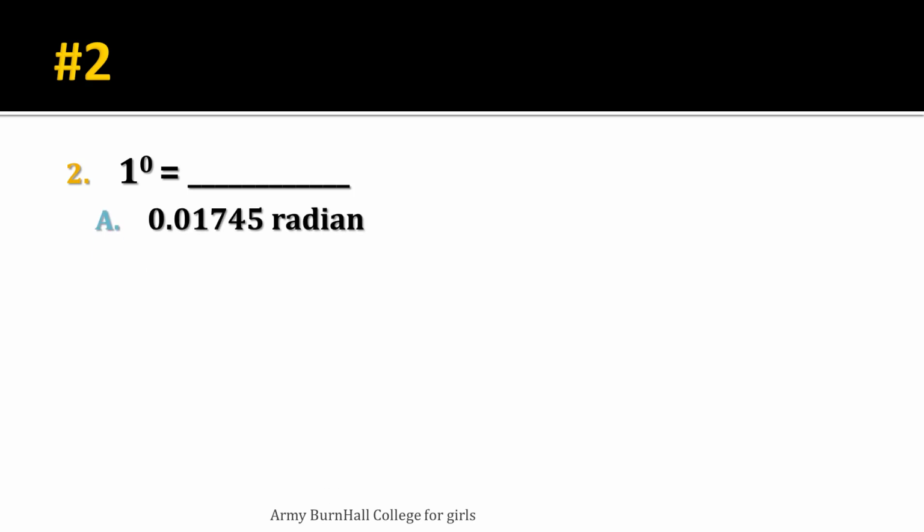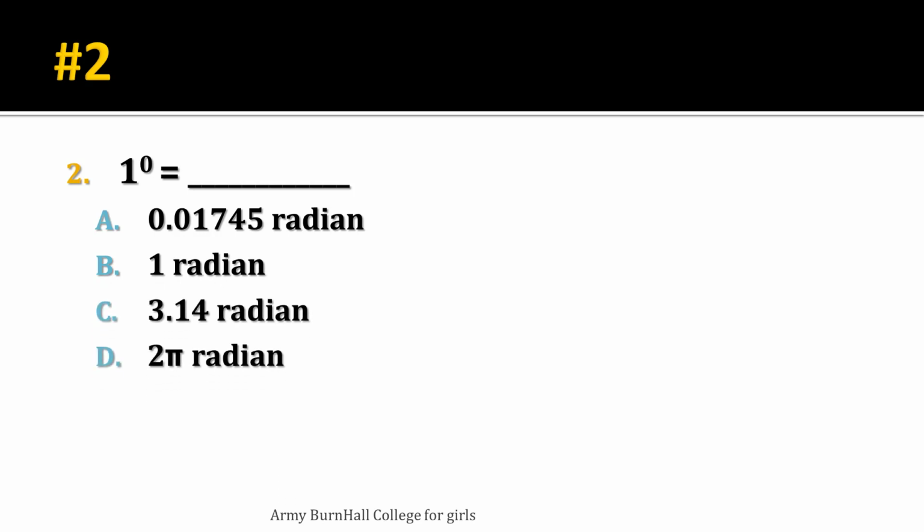Okay. MCQ number 2: 1 degree is equal to dash. We have to calculate degree in radian, because in the given options, option A is 0.01745 radian, option B is 1 radian, option C is 3.14 radian and option D is 2 pi radian. That is again very simple.